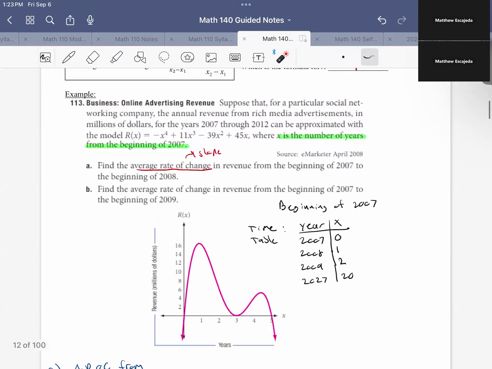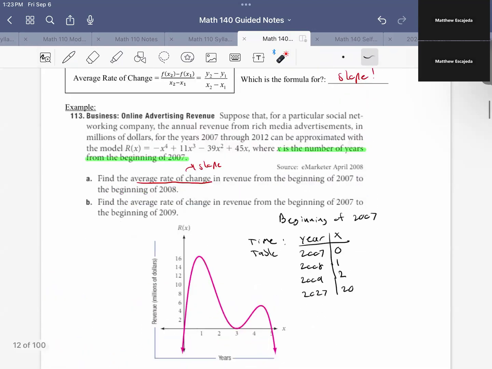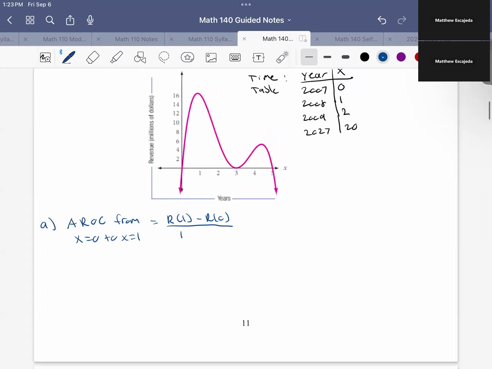If we use this formula, this would look like r of 1 minus r of 0 over 1 minus 0.